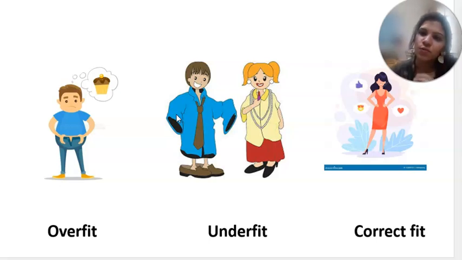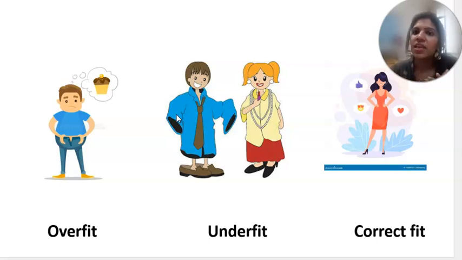Would we like to dress in that way? No, because it should be a correct fit. Whether we have a larger size or small size or medium size, we have to keep our dress according to our size. So these three things are not good enough, right? The first one is overfit, the second one is underfit, and the third one is the correct fit.